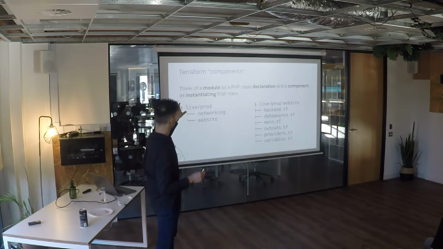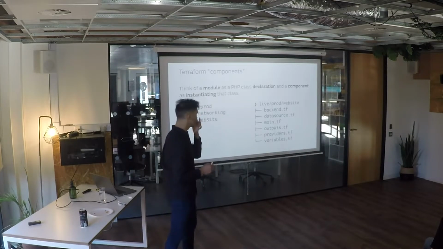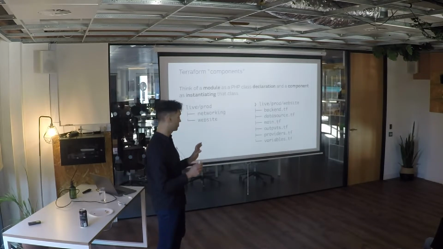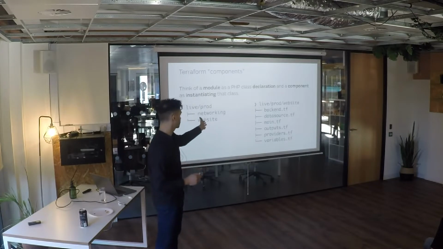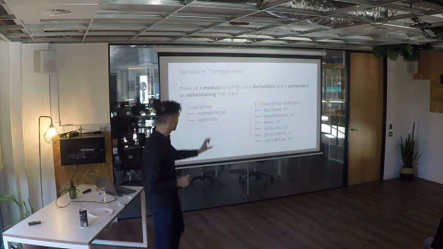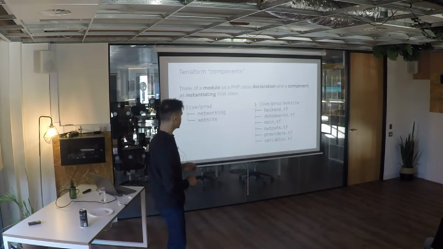So in my example, I've created two components, a network and a website component. And on the right side, again, just a bunch of Terraform files. Most of my code, I've put it in that main.tf. I also have the same outputs.tf, the same variables.tf, and a few extra files that Terraform requires me to create.